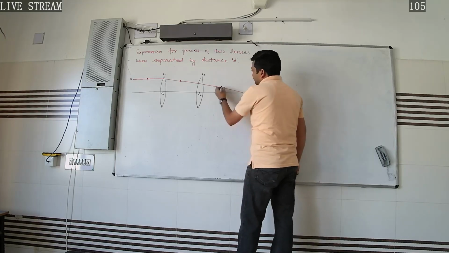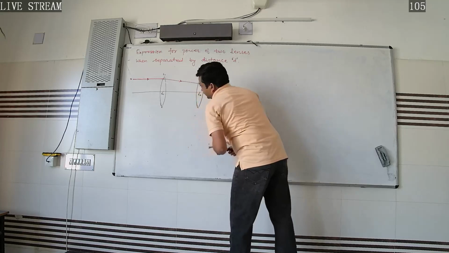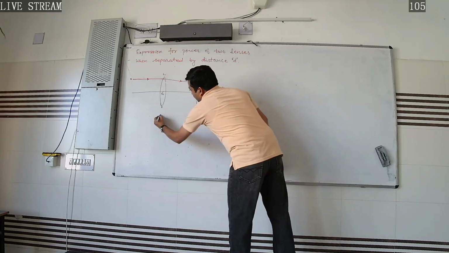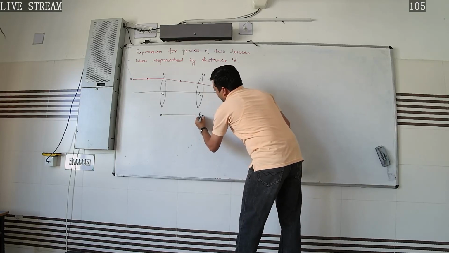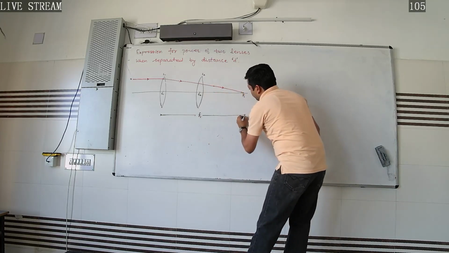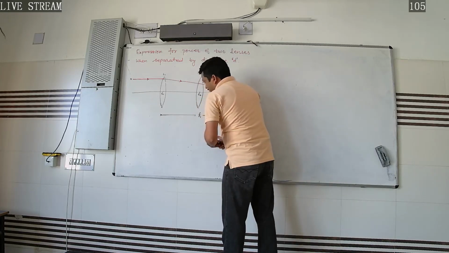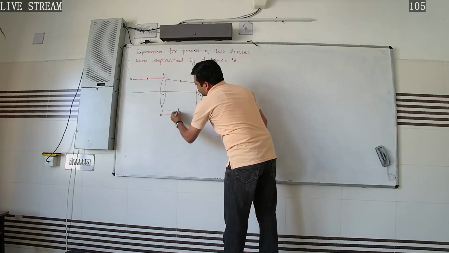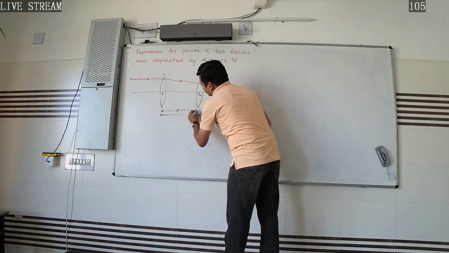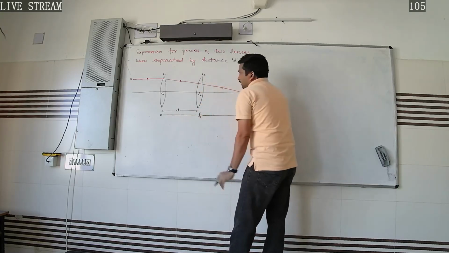So let us consider this ray of light meets at point F1, such that the distance of the lens L1 from F1 is denoted by small f1. f1 is the focal length of lens L1, and we have already considered that the distance between these two lenses is small d. So we have to find the equivalent power for these two lenses.